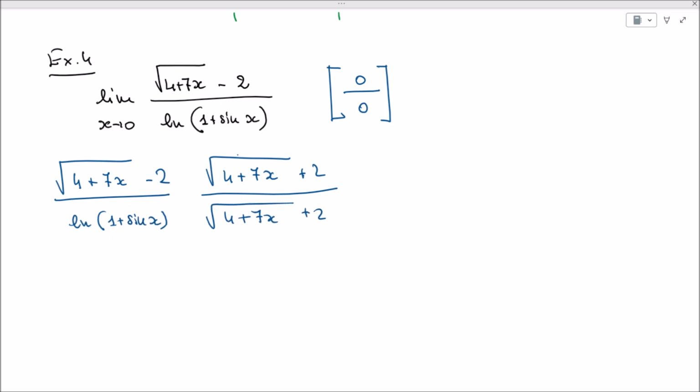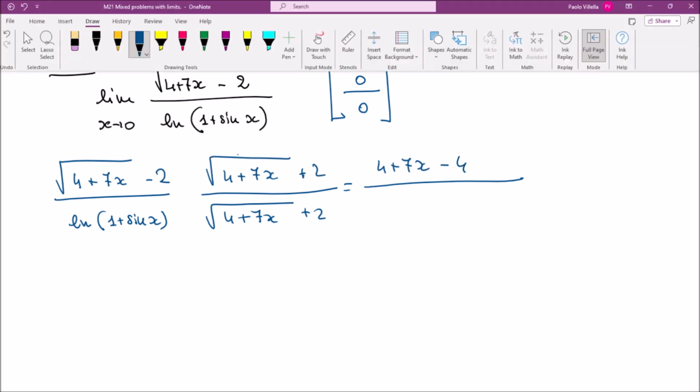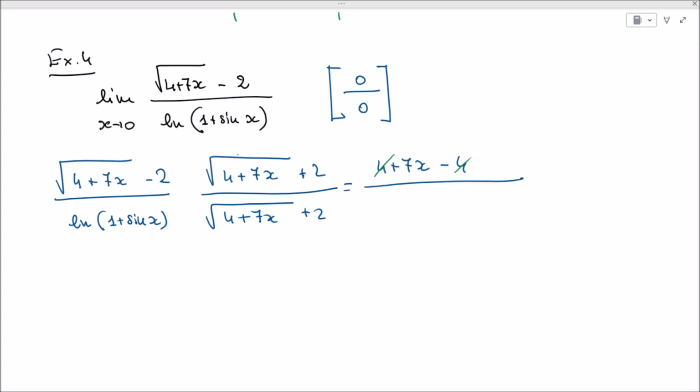Okay, and now multiplying the two numerators, we have 4 plus 7x minus 4. And of course, we can immediately get rid of the 4 here. And instead, at the denominator, we have the logarithm of 1 plus sine of x. And then we have 1 over the square root of 4 plus 7x plus 2.